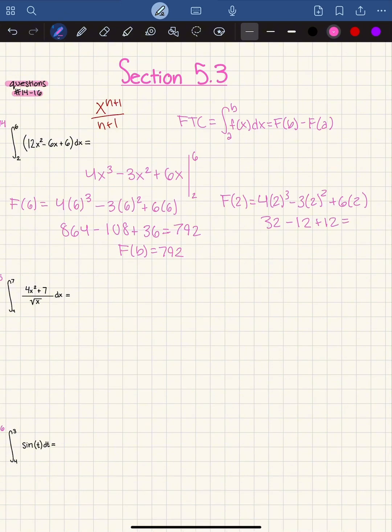The 12s cancel out, so we just get 32. So F of a equals 32. Now we can subtract them. 792, which is our F of b, minus F of a, 32, equals 760. So our answer is 760 for the first one.